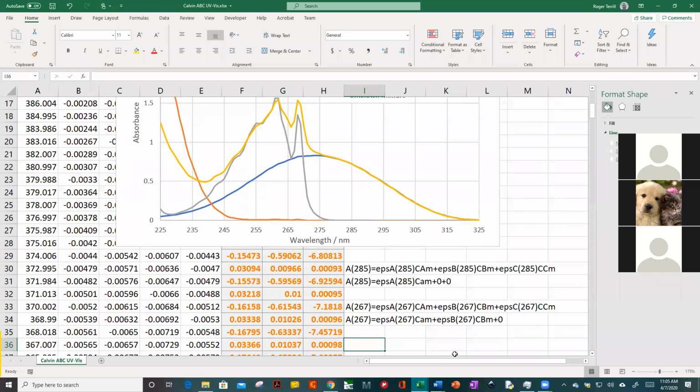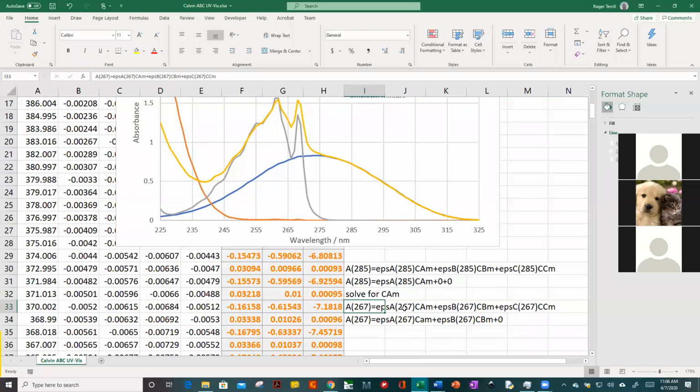Okay. So the next step here is to solve for C_A,M.